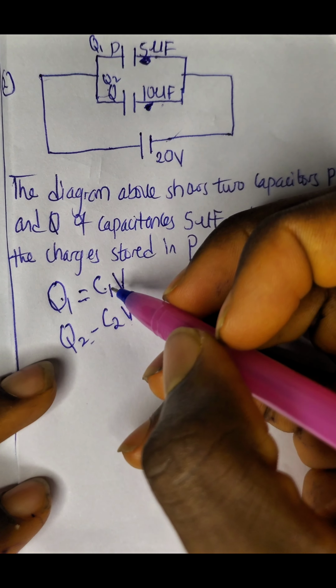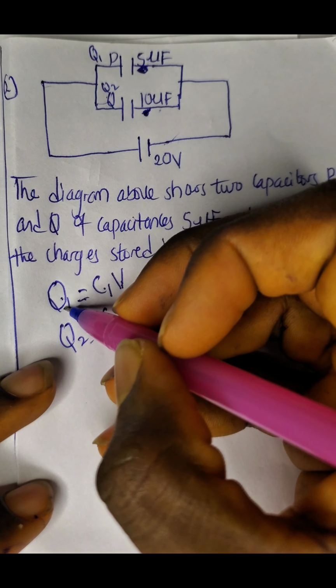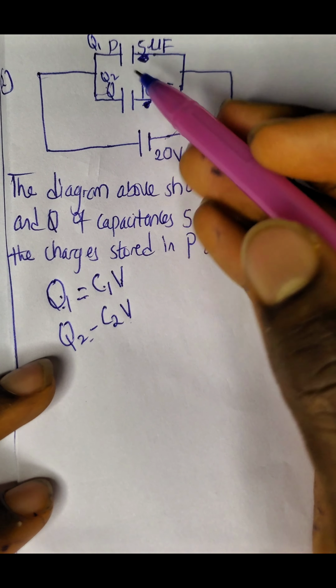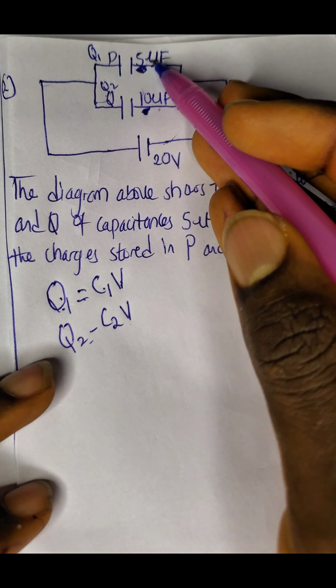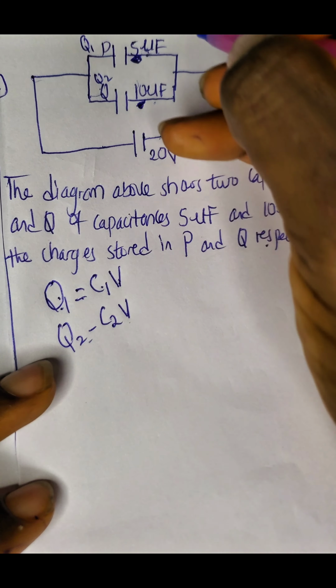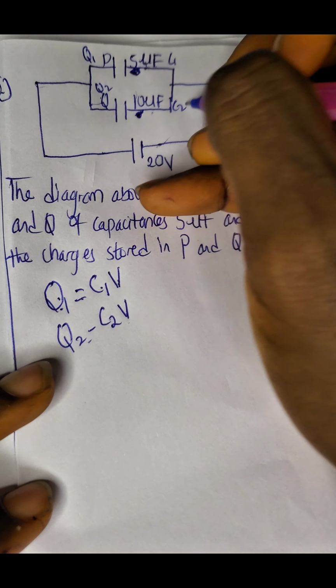So let's get the charge for our C1, that is the 5 microfarad capacitor. This is C1, this is C2.